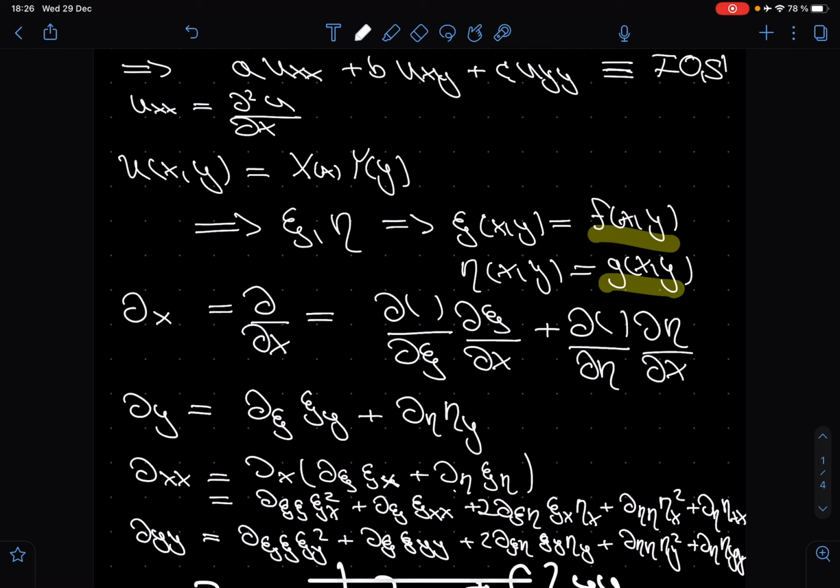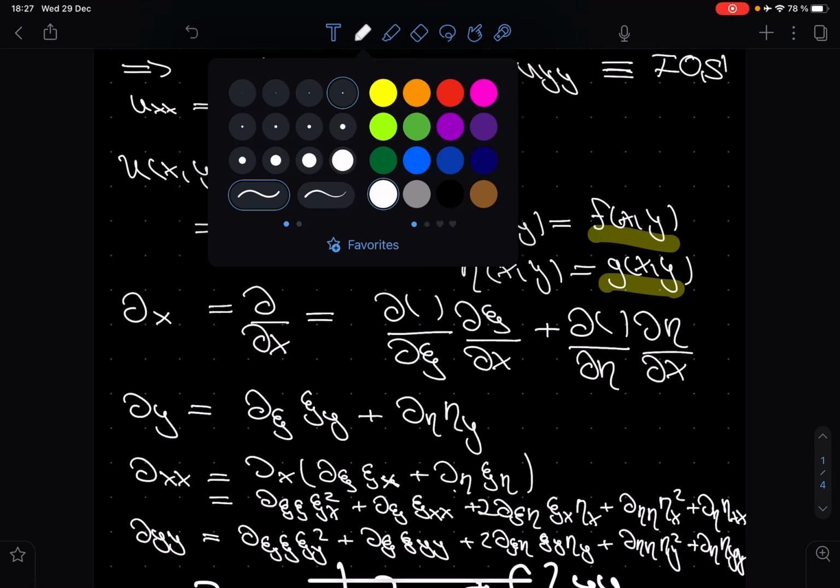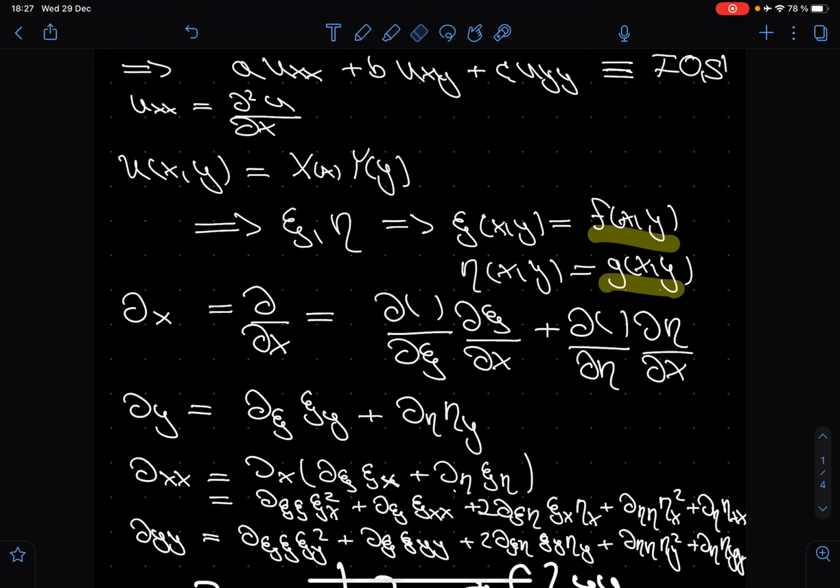Why do I do that? Because we want to plug in, because for the moment we don't know what our eta and xi will be, but I'm just going to do it generally, so that will give you the derivation of our f and g functions, or that will define our functions actually.